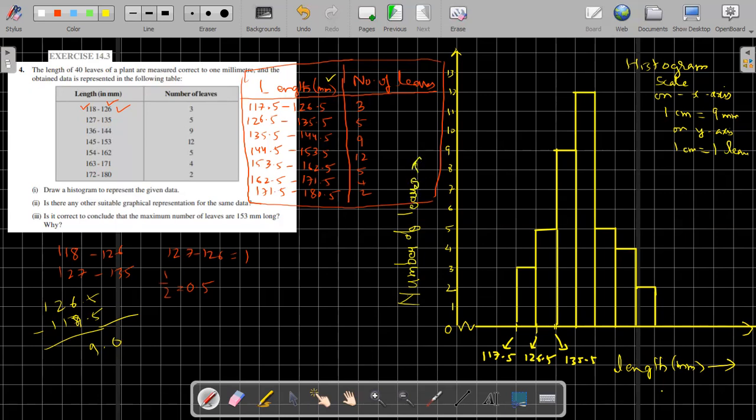Write this. This is the way of drawing the histogram.